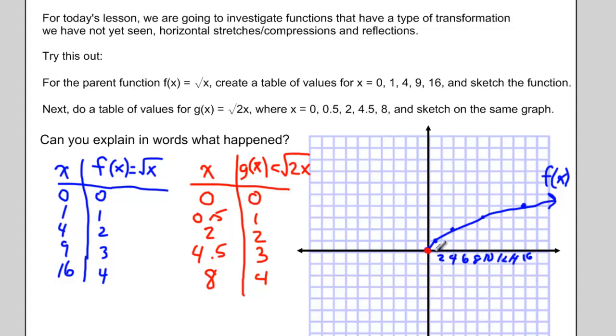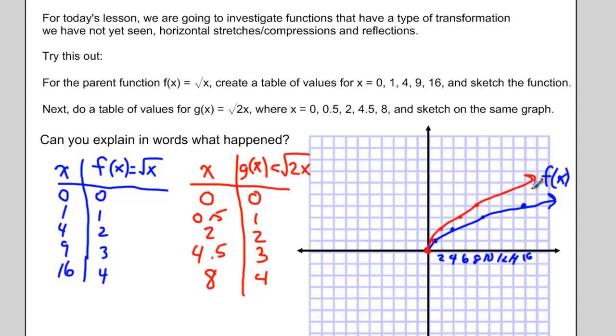Okay, so on half I go up to 1, so that's right around here. 2 over I go up to 2. 4.5 over I go up to 3. And 8 over I go up to 4. And so if I draw a nice smooth curve through these ones, let's see what happens here.